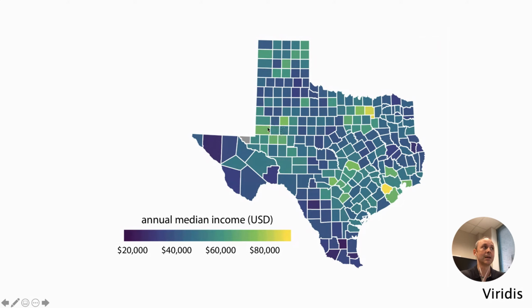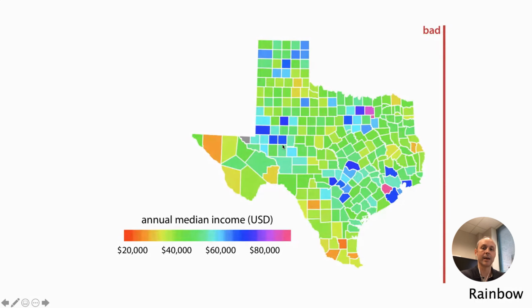And so you see a nice accumulation here of slightly more intense colors. And I guess what the rainbow scale does is it makes this area look just as rich as this, if not, sorry, I got confused with my pointer here. This area looks just as rich, if not richer, than this one or this one, when actually these are the richest areas. So it's highly misleading. Don't use the rainbow scale.